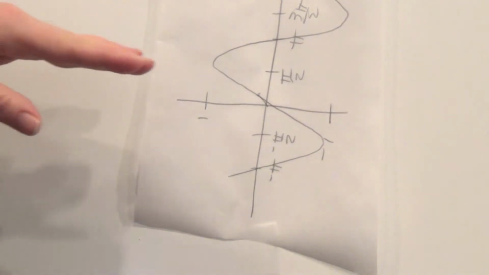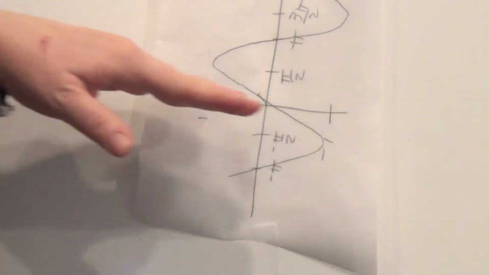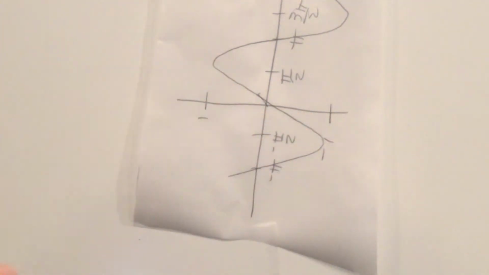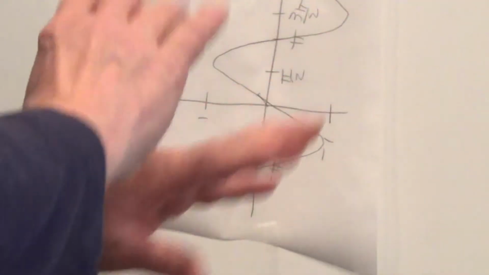And I'll see if that shows up in your viewing screen. Let me pull it back a wee bit. Alright, so there you see what was the vertical axis is now the horizontal, and what was the horizontal is now the vertical.